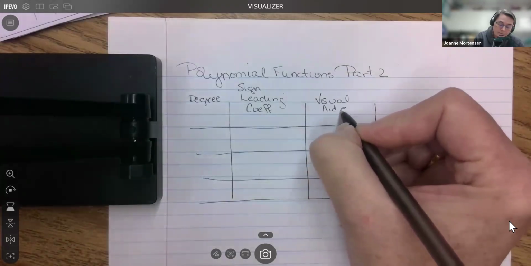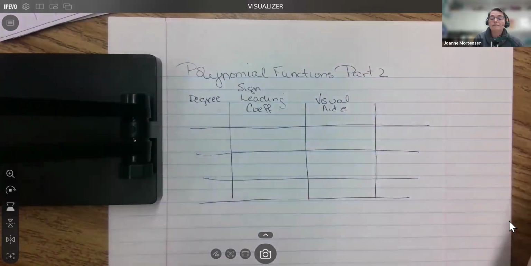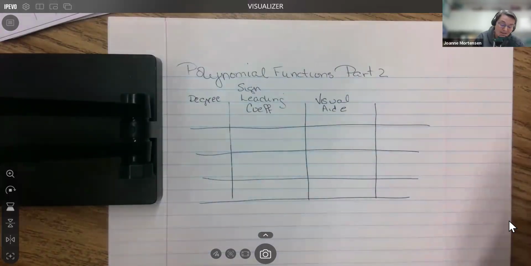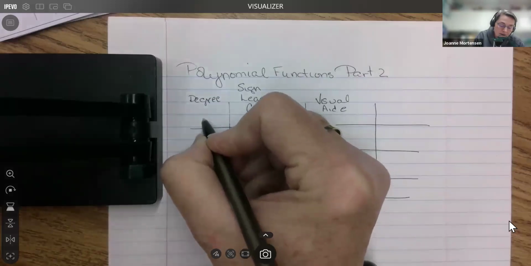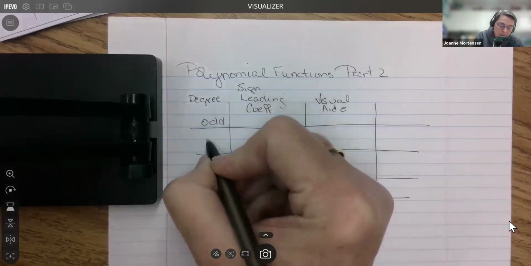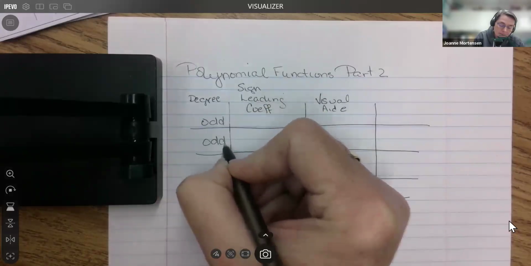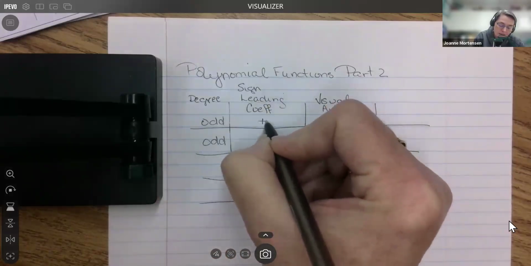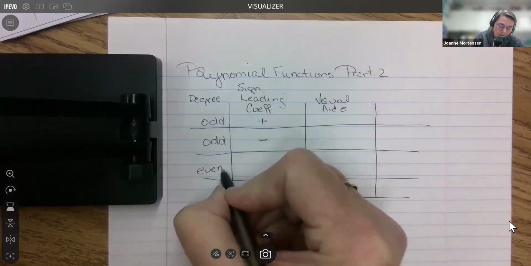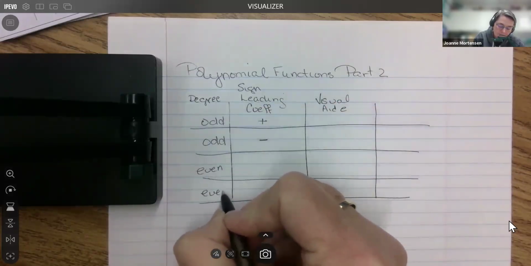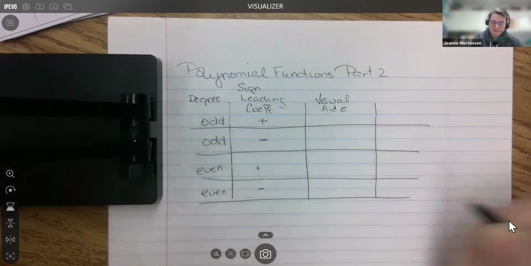Okay, and we're going to do degree odd, and the leading coefficient is going to be plus, and minus, and then even, plus and minus.